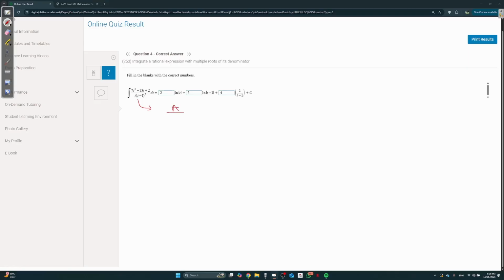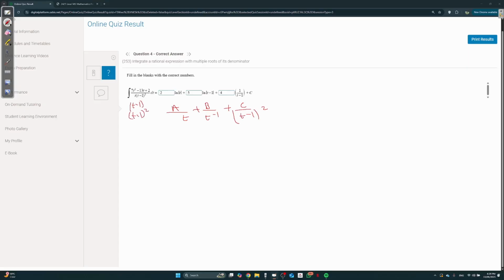It's going to be a over the first factor t, plus b over t minus 1, plus c over t minus 1 squared. Someone might ask me, even this far into the recording, why isn't it like this? Whenever you have something raised to a power in the denominator, that means you have multiple roots: t minus 1 and t minus 1 squared.